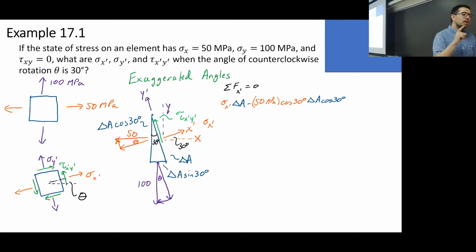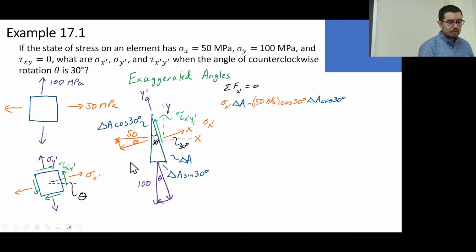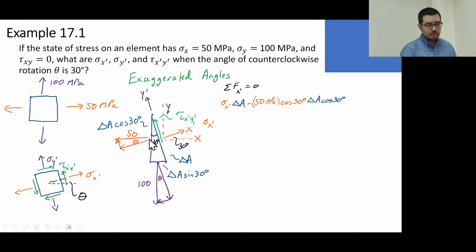So what I think about is that this vector plus that vector is going to be equal to the hypotenuse. So when I draw this triangle out, I have to think this vector plus this vector in that direction is going to be equal to this hypotenuse. So which one of these is in line with x prime?